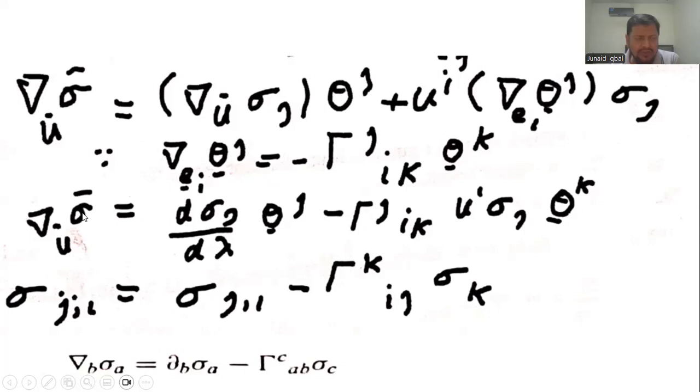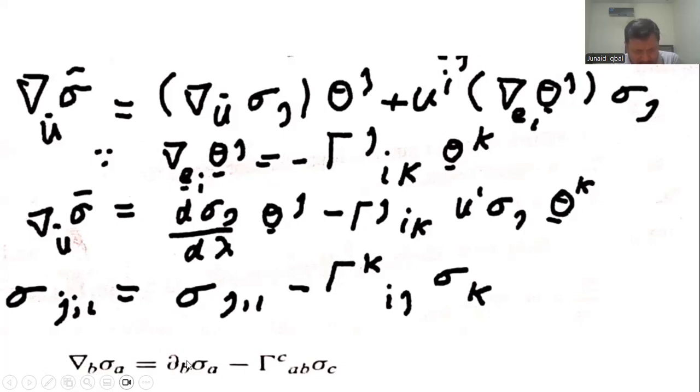Therefore, the covariant derivative of a one form with respect to vector u is given by this equation. In simple terms, the covariant derivative of sigma_j with respect to i will be equal to the partial derivative of sigma_j with respect to i minus Christoffel symbol gamma super k ij sigma_k. Or sometimes we also use this notation: the symbol on the left hand side, del sigma_a b, means the covariant derivative of sigma_a with respect to b.